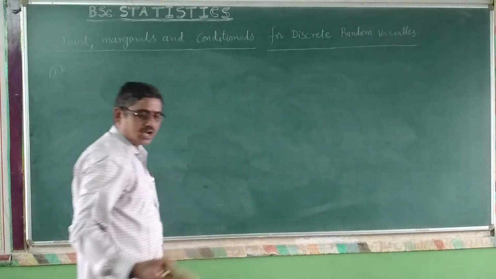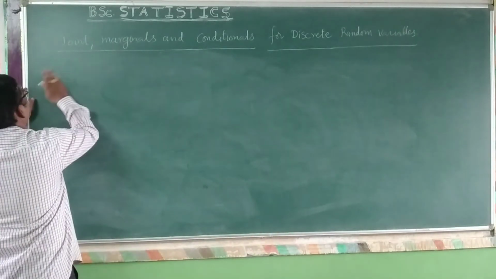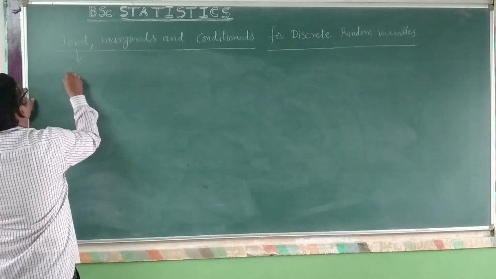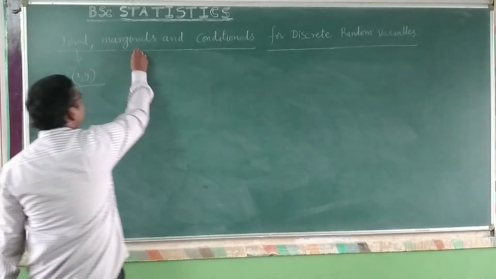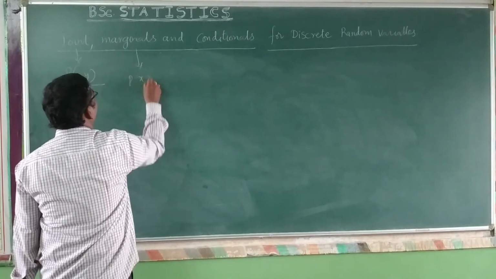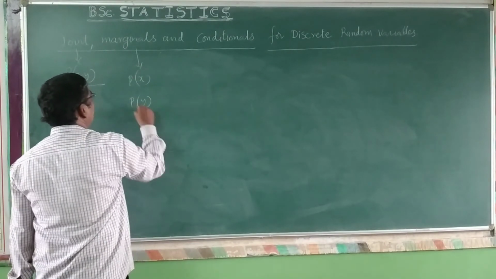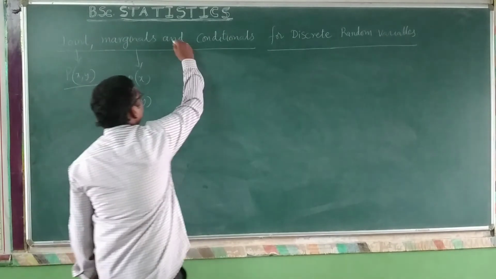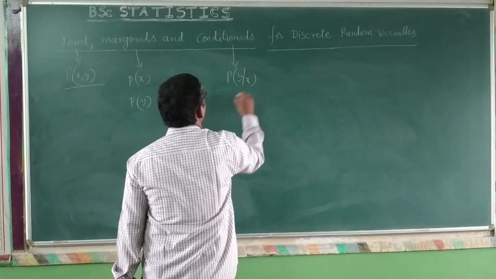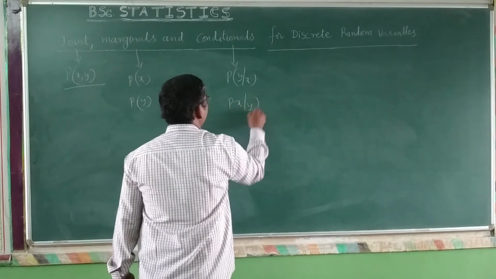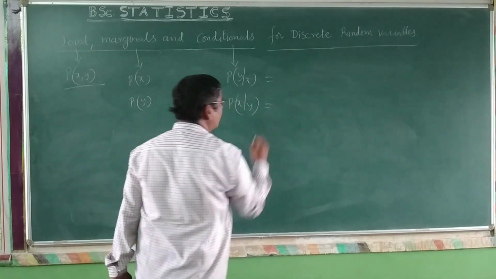For example, the joint is probability of x comma y. The marginals can be expressed as p of x and p of y. These are the two marginals. And the conditionals are expressed as probability of y given x and probability of x given y. These are the two conditionals.